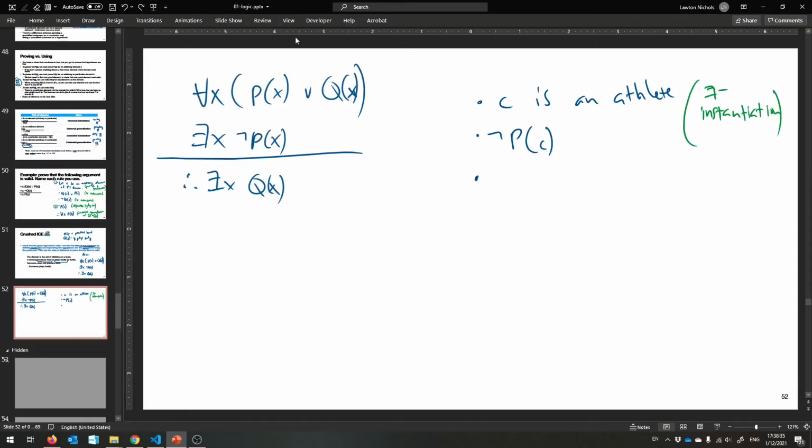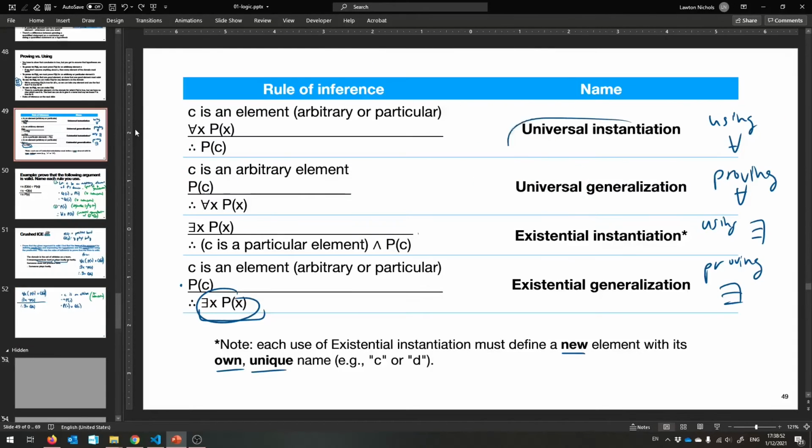Okay, so I have my C now. I can plug it into this one to get P of C or Q of C, because you told me, I'm assuming, this is true for all the x's. Well, it must be true for C, right? We get that by universal instantiation.